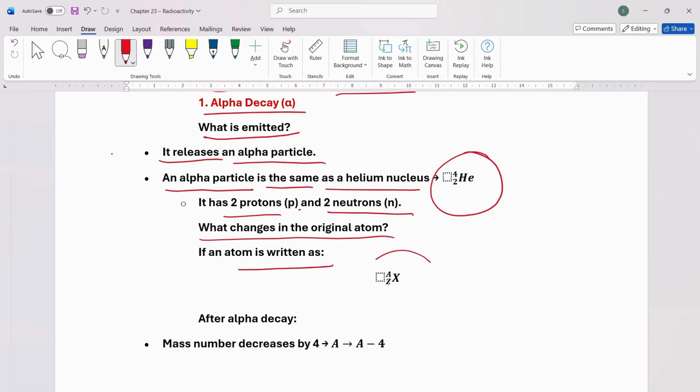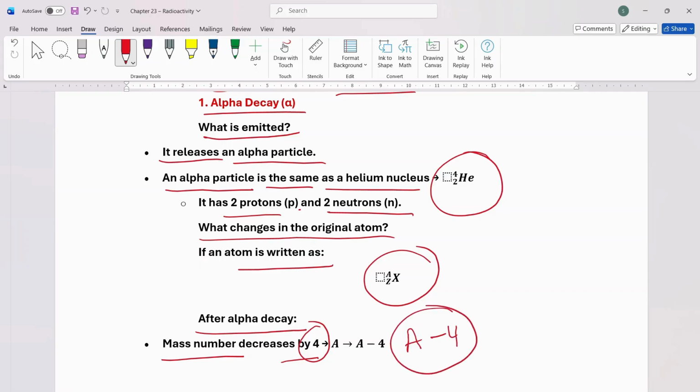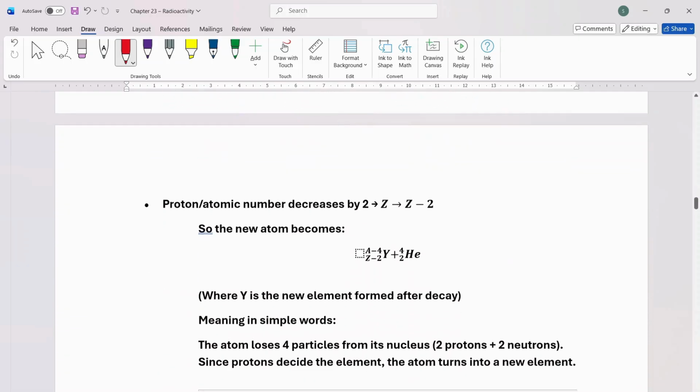If an atom is written like this, after alpha decay the mass number decreases by 4, so A minus 4, and the proton number, atomic number, decreases by 2, so Z minus 2.